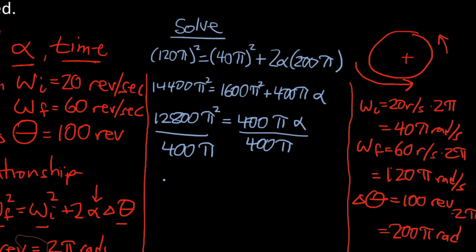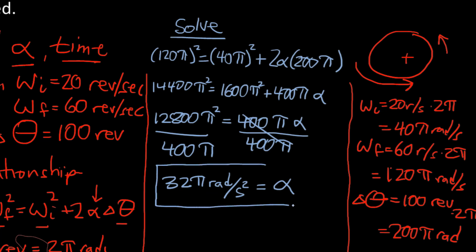Looks like I got 32. 32 pi is equal to alpha. So I get 32 pi radians per second squared is equal to our alpha, our angular acceleration. So we've taken care of this one.